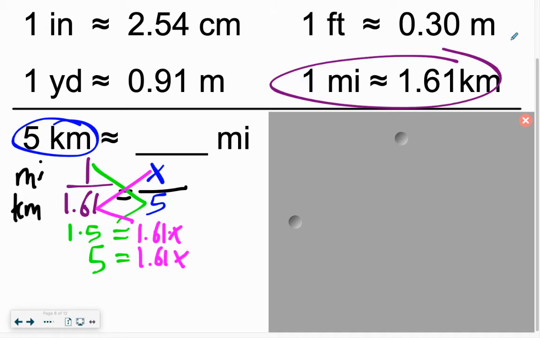From there then, divide both sides. Divide it on out.